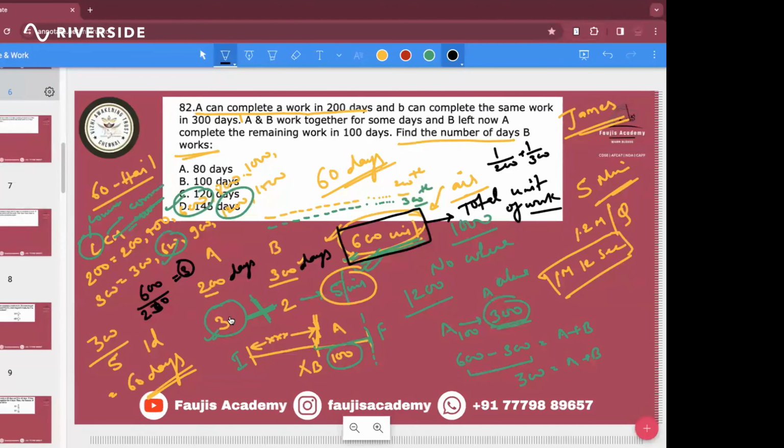Right, now in one day he'll be doing 3 units of work. Then only in 200 days will he reach 600. 200 into 3 is 600. This is the total work. Got it, James?